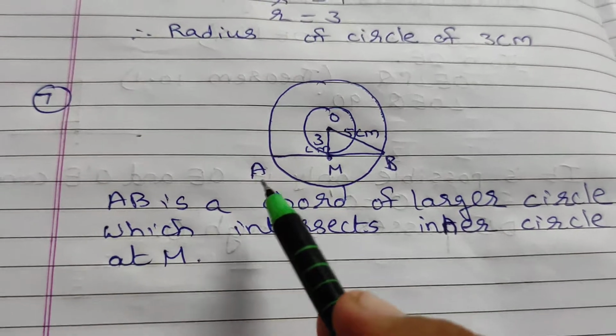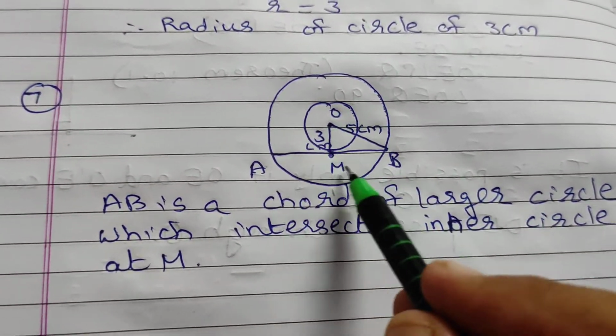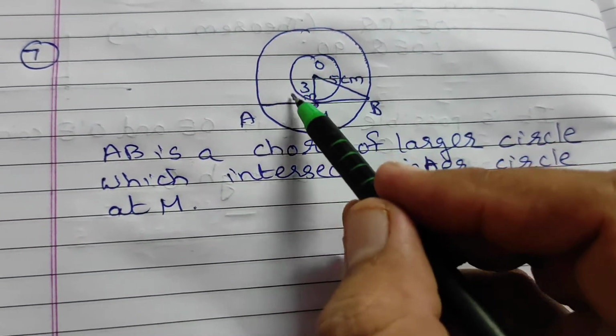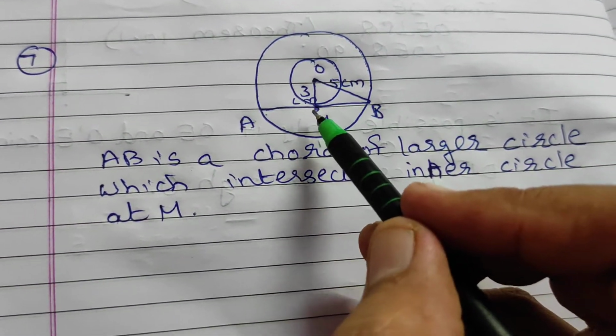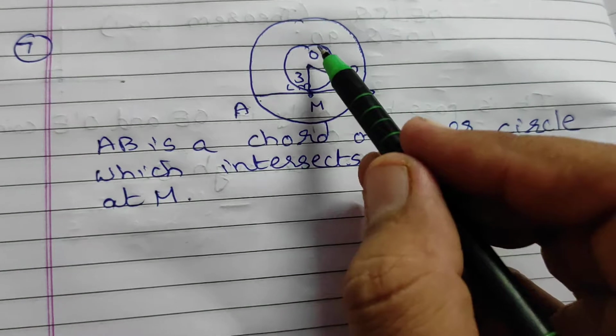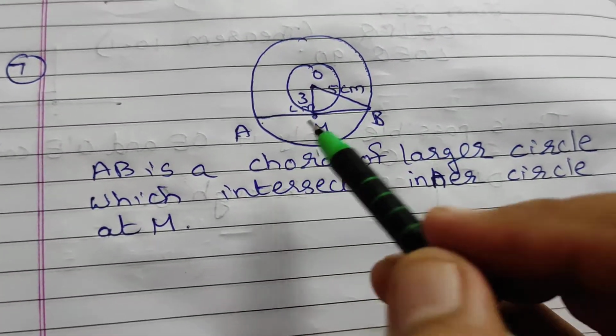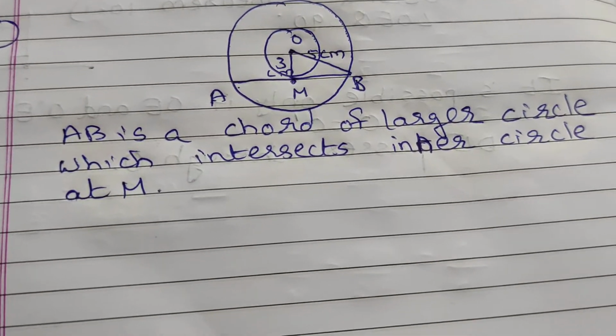AB is a chord of larger circle which intersects the inner circle at M. Students, if you look at the inner circle, AB intersects it at only one point. So for the inner circle, AB is a tangent. What is AB? It is a tangent for the inner circle.